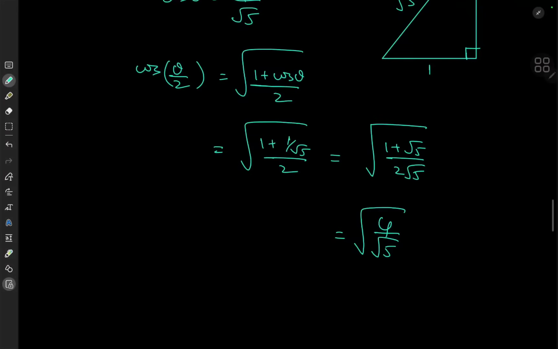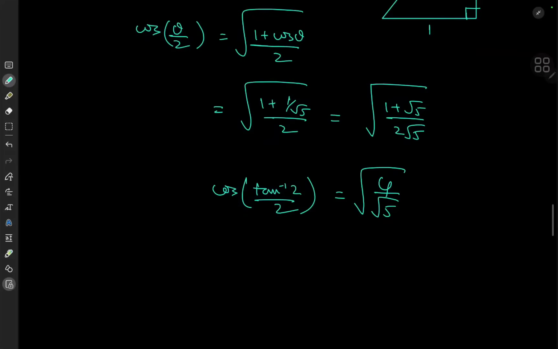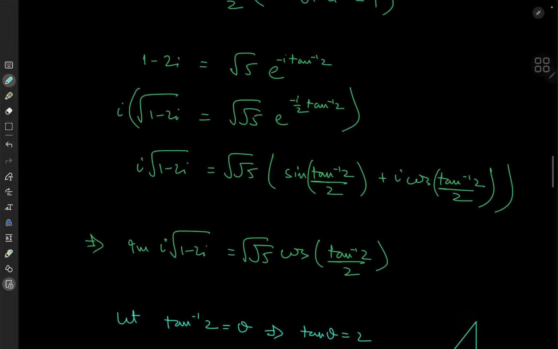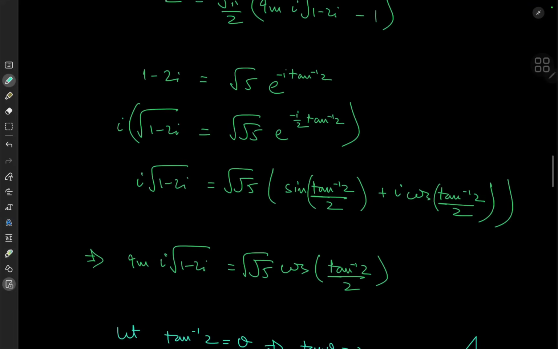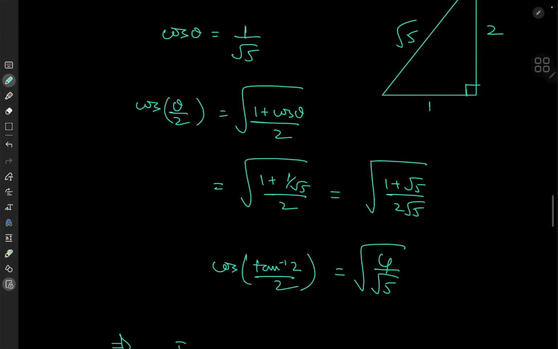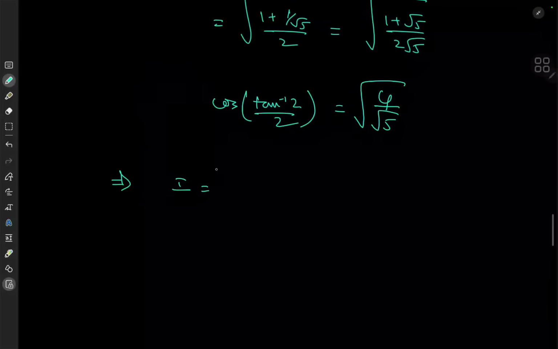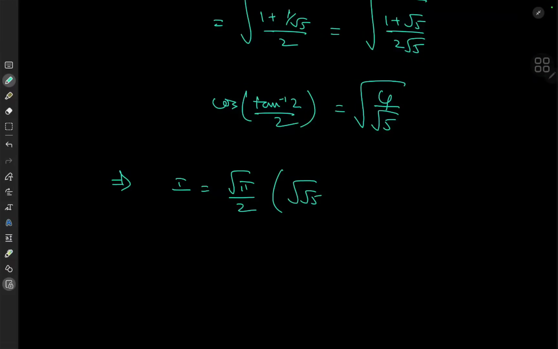Anyway, so this is the result for the cosine of arctangent of 2 over 2. So all of this implies that the target integral I results in... So we had root pi over 2 times the imaginary part of this thing, which is a root 5 times the cosine. So we indeed have root pi over 2 times root 5 times root phi over root 5, and we have some lovely rootful cancellations.